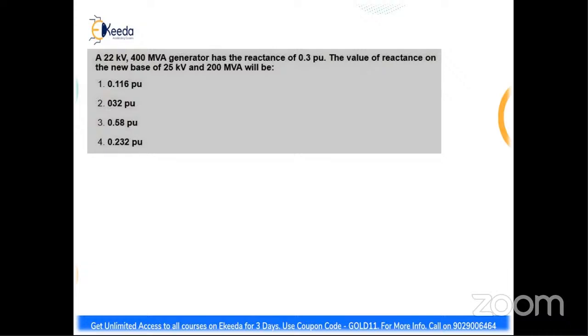The value of reactance on the new base of 25 kV and 200 MVA will be, with the options 0.116, 0.32, 0.58, and 0.232. We have to find out which is the right answer here.